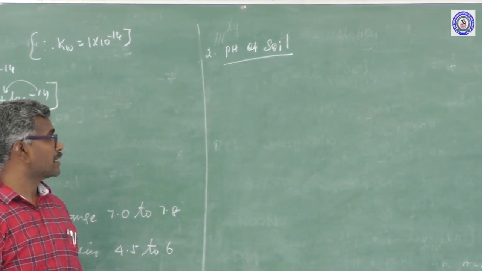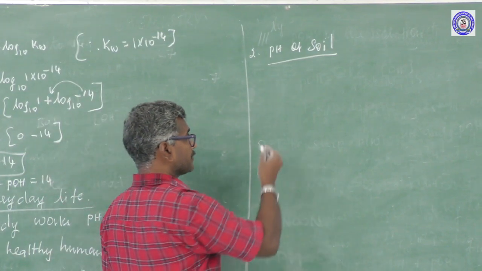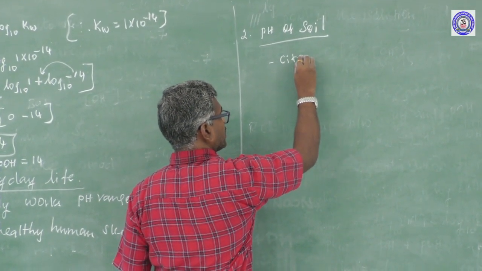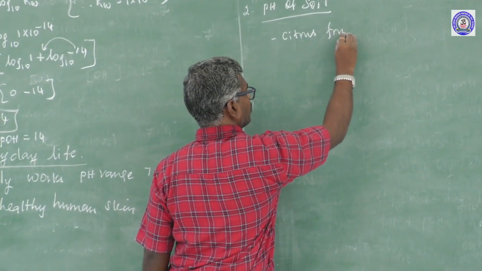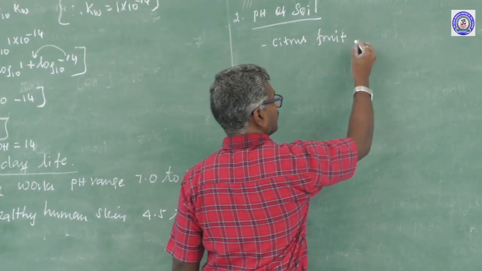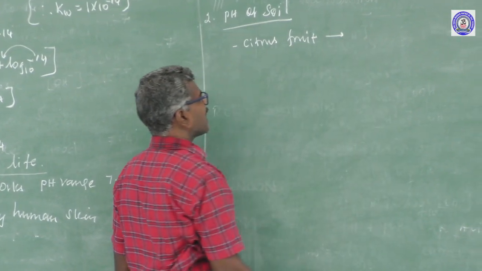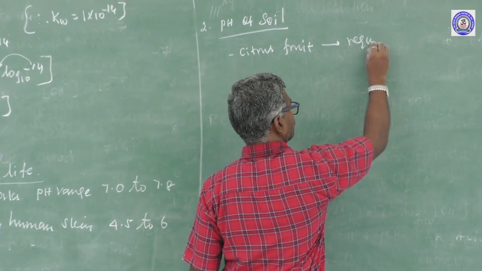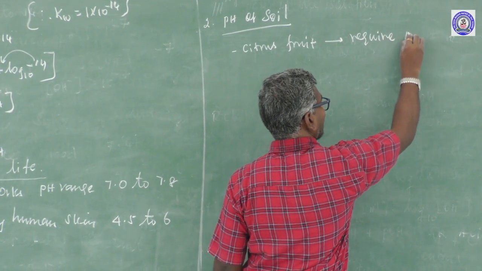In agriculture, pH value is very important. Citrus fruit is acidic, so we require alkaline soil.